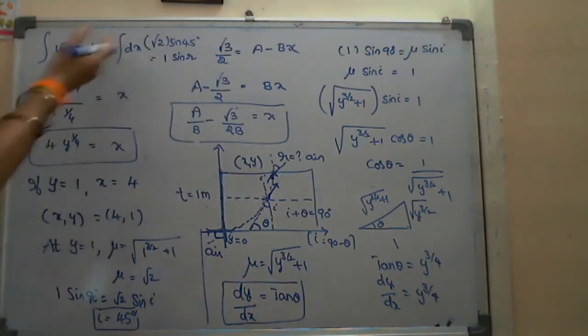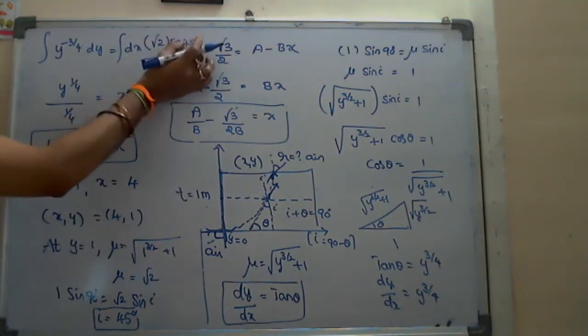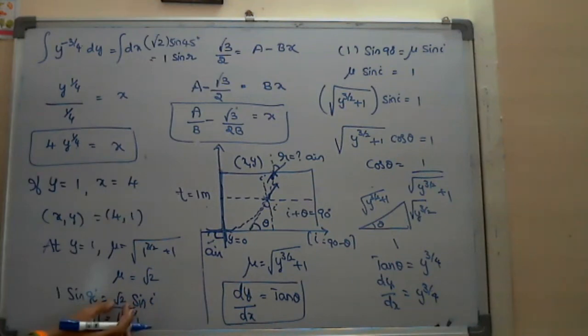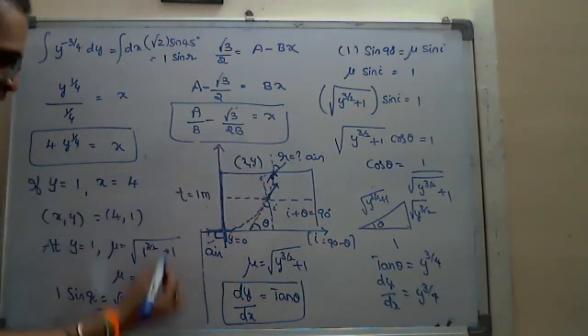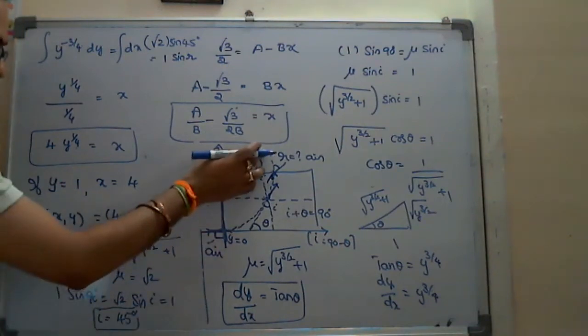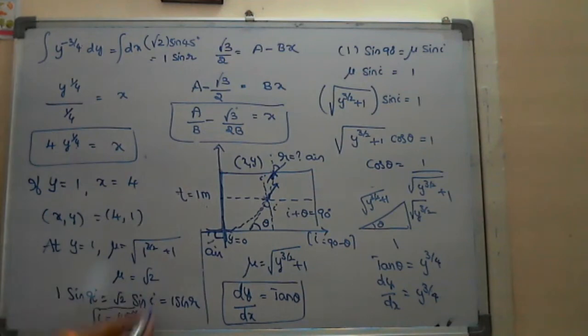So root 2 into sine i is equal to 1 into sine r. Since it is equal to 1 into sine 90, I can say straight away r is equal to 90 without finding out i. But we already found i.